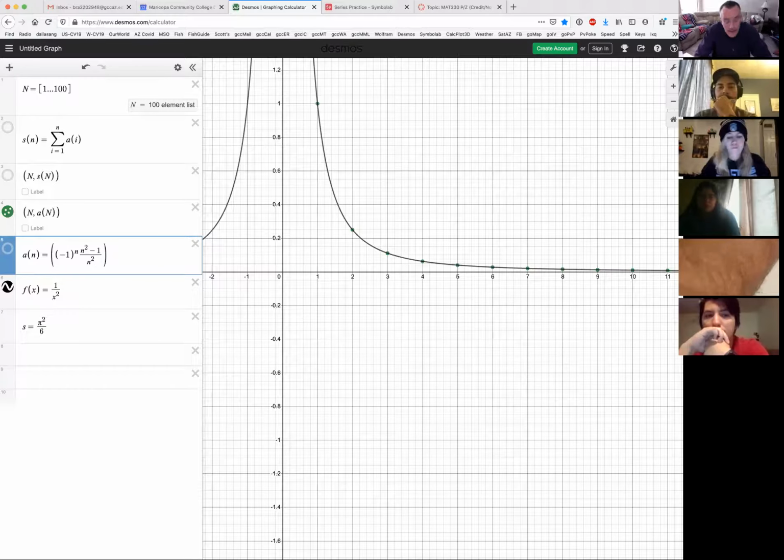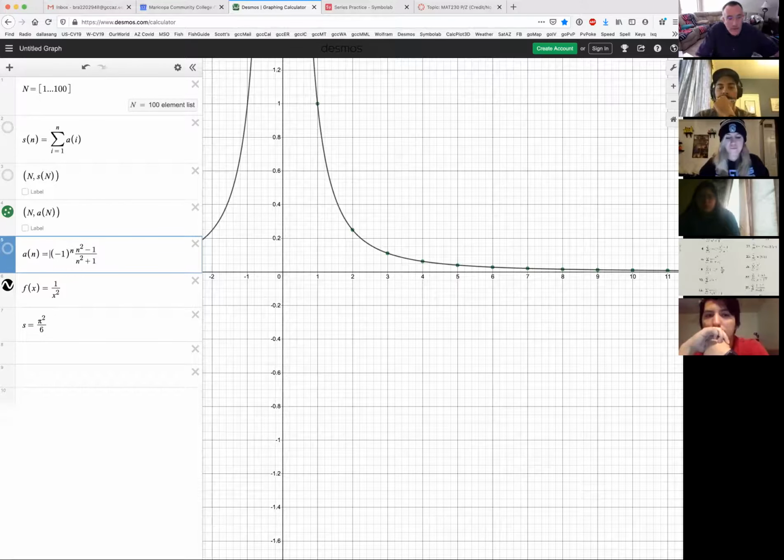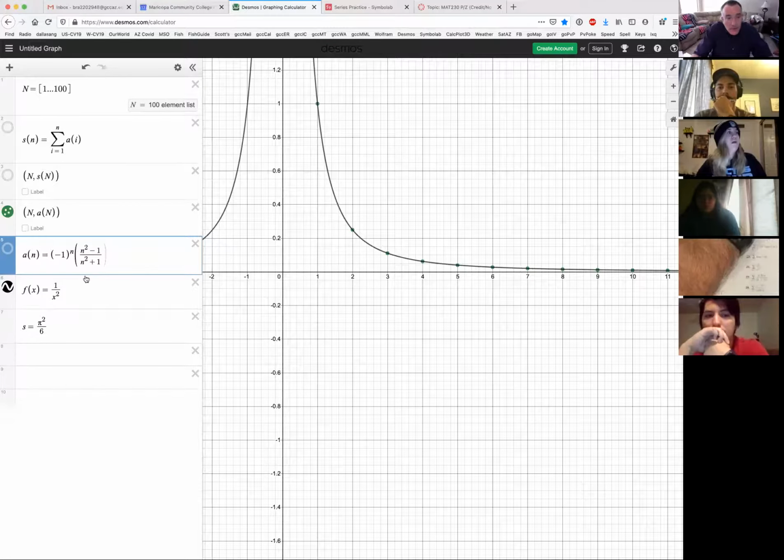In the bottom, we had n squared plus 1. That looks right. Oh, it doesn't need those actually. You might want maybe parentheses right here just to make this a little bit more readable.